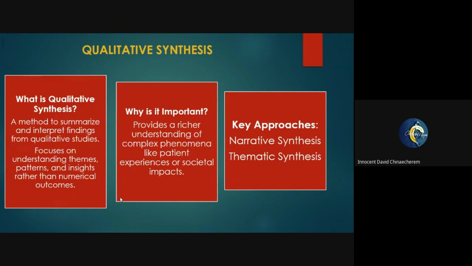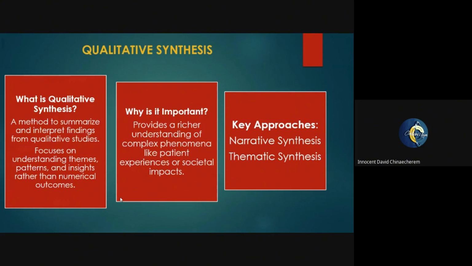Now, what point are we trying to make here? When it comes to qualitative research, we're not just focused on numbers, but we're more interested in opinions, ideas, more of why and all that. Now, how does synthesis come into place?